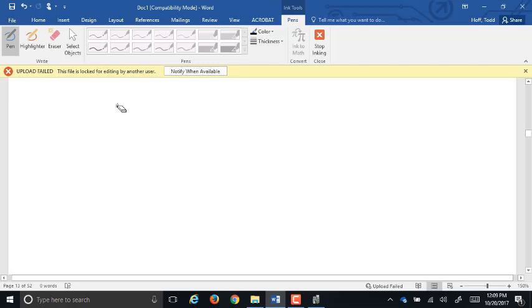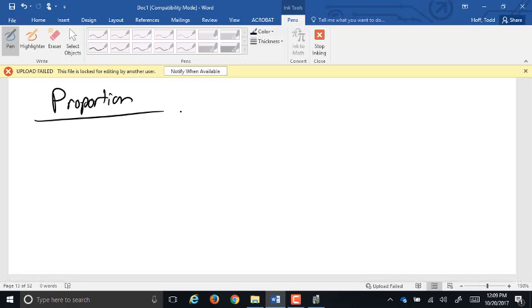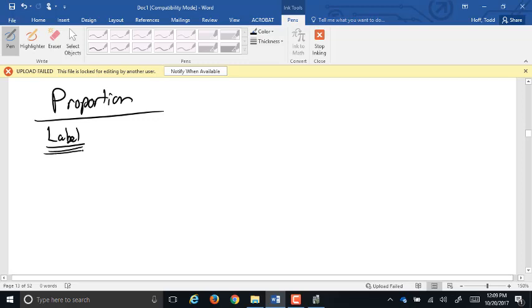For the proportion, it is often easier to start with the label on the bottle or the vial.